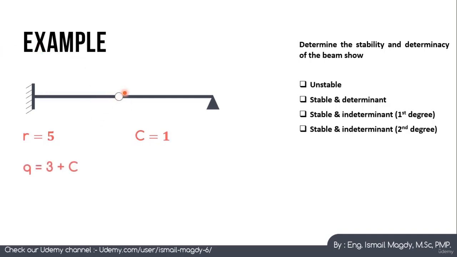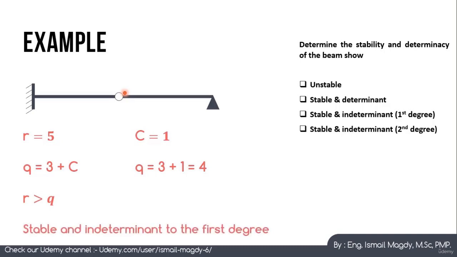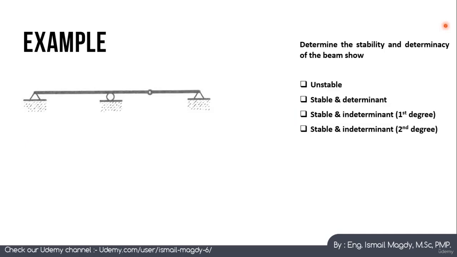This means that Q equals 3 plus C, which is 3 plus 1 equals 4. And we know that R equals 5. This means that R is bigger than Q, so the beam is stable and indeterminate to the first degree. It is first degree because R minus Q equals 1. If it was 2, for example, it would be the second degree. If it is 3, it would be the third degree, and so on. So the answer here is number 3, which is stable and indeterminate of the first degree.